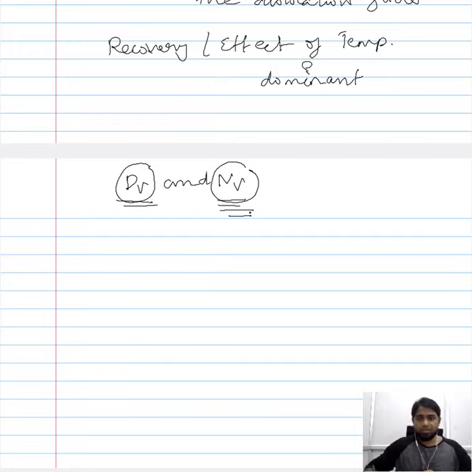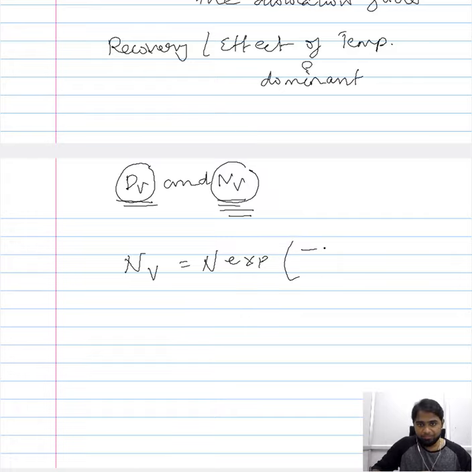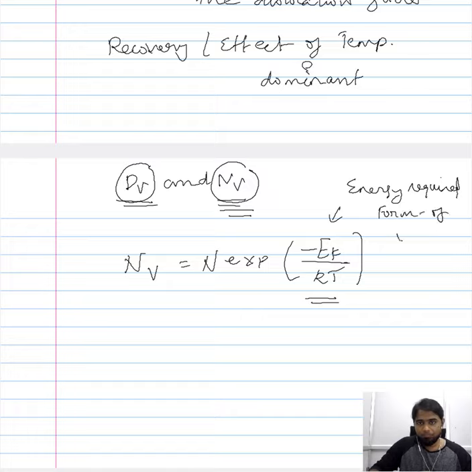So when we write an expression, we have already written an expression for the number of vacancies that relates the overall number of components present to the temperature by this relation, where kT is the thermal energy which involves the Boltzmann's constant, and EF is the energy required for the formation of vacancies.